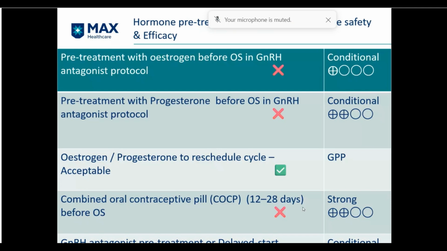There they gave the viewpoint that if there is a pill-free period of 5 to 6 days, then the effect of birth control pills is washed out. They don't do any harm.